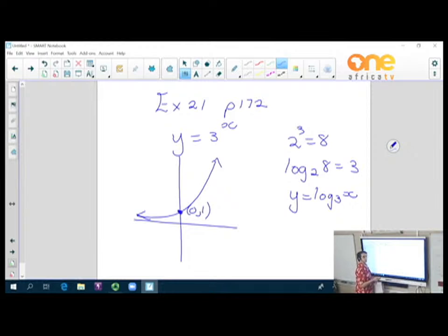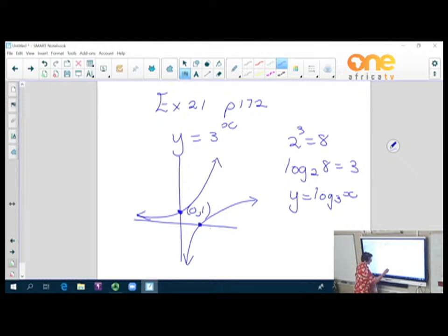Now, remember what happens with inverse graphs. The one's domain becomes the other one's range. So I can use my table. Look there on page 172. There's the table. They use the inverse functions to draw that. So this log graph is now going to look like this.